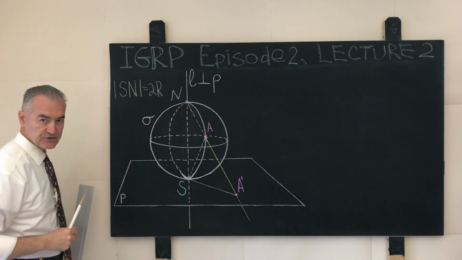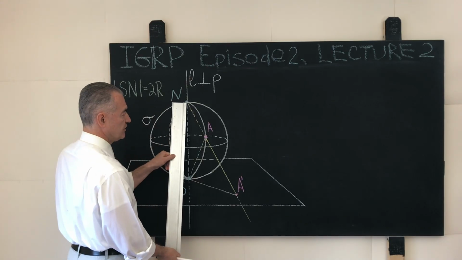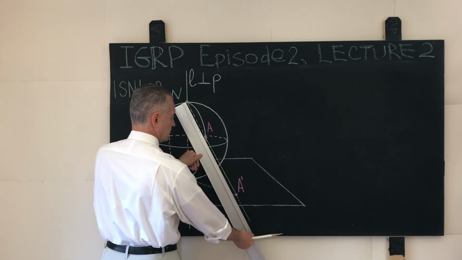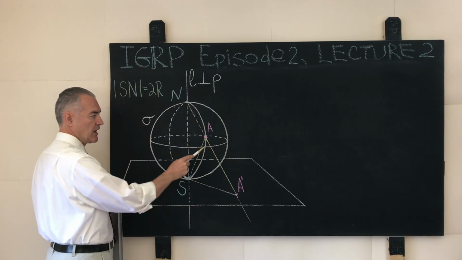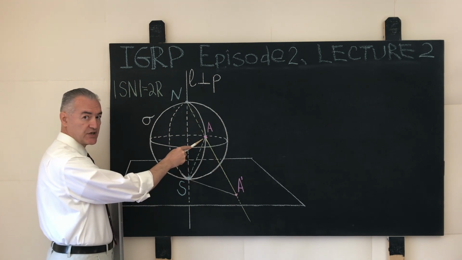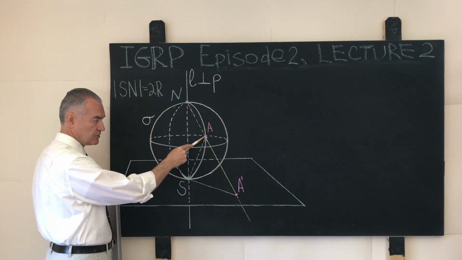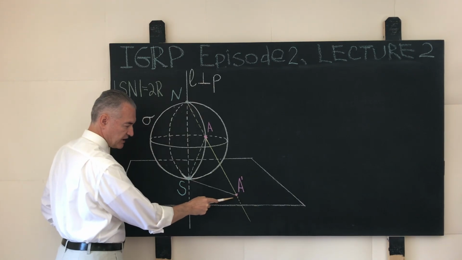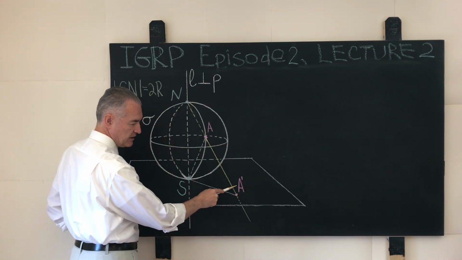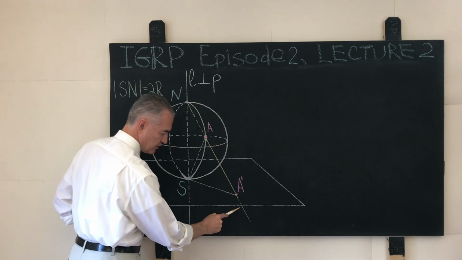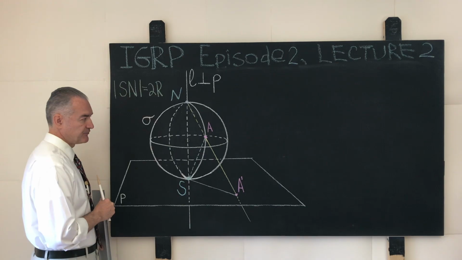Well, two interesting things will happen. Our laser light that emanates from the point N will intersect the sphere sigma at a point to which we will refer as A, shown in red over here, and the ray of light will keep running and it will intersect the plane P at a point to which we will refer as A prime, and then that ray of light will keep running into infinity on its happy and merry way.